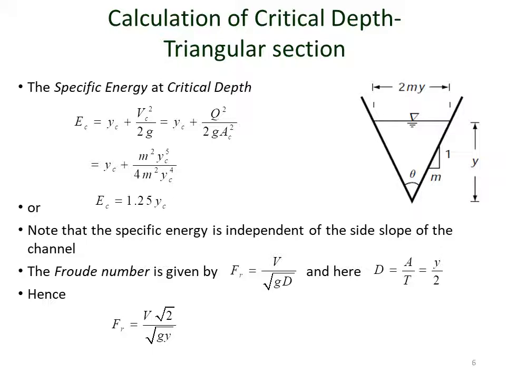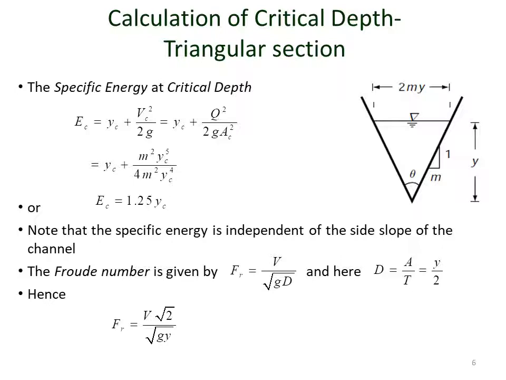The specific energy at critical depth here for a triangular cross-section channel is given as EC is equal to YC plus VC square by 2G, and by substituting the values of Q square and AC square from the previous slide, we can easily derive that the specific energy at critical depth, or EC, equals 1.25 times the critical depth.